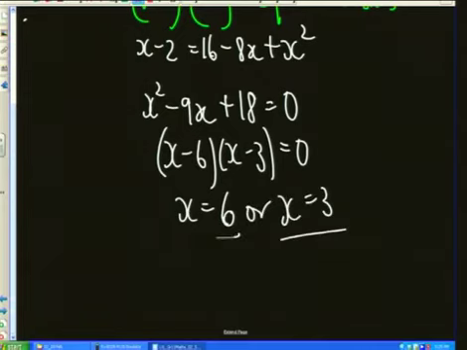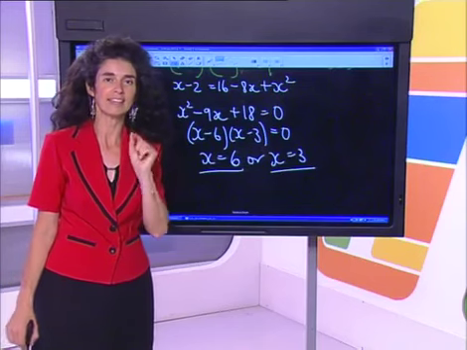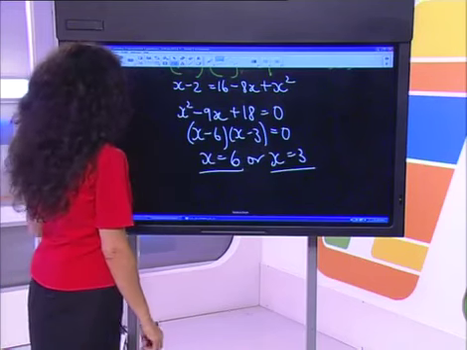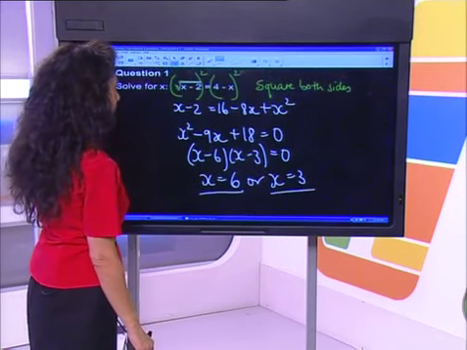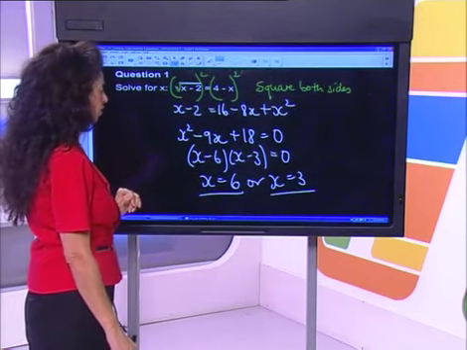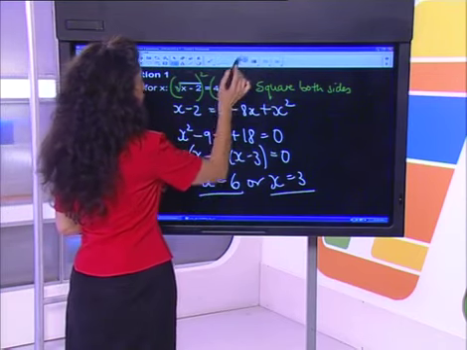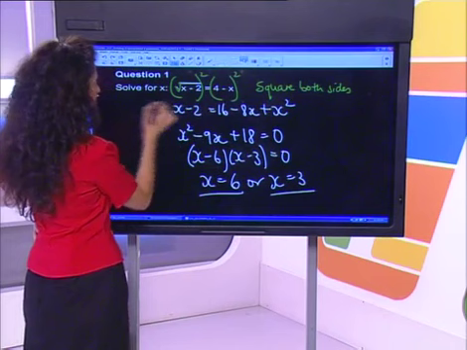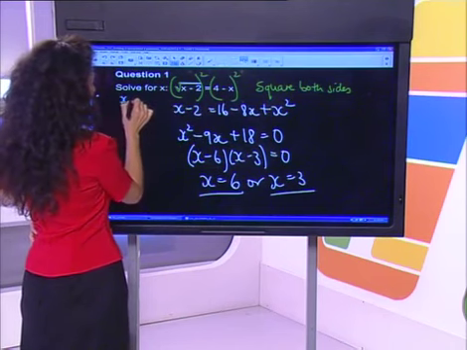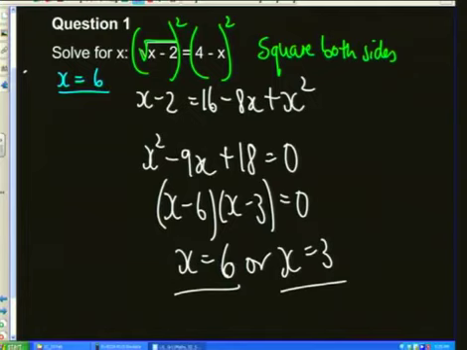Now, I said earlier that this is a section where you really build confidence because you can go back and test your solution and see that you're correct. So if we go back to the top and we test our solution, I want you to see what happens. I'm going to do it in blue. If we test 6 on the left-hand side, if x is equal to 6, then we're going to get 6 minus 2 is 4, the square root of 4 is 2.